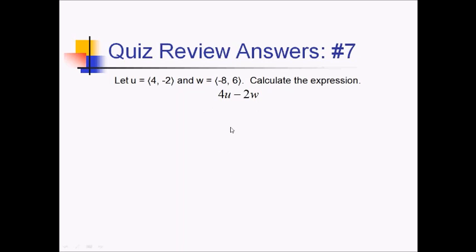For this problem, we're going to be doing some vector algebra. First step on these is to replace these variables here with the component forms that they gave us. So we have 4 times 4 comma -2 minus 2 times -8 comma 6. Next, we have to deal with constants being multiplied by vectors. To do that, we just distribute the constants to the stuff inside the vectors. So this one, for example, we've got 16 comma -8.